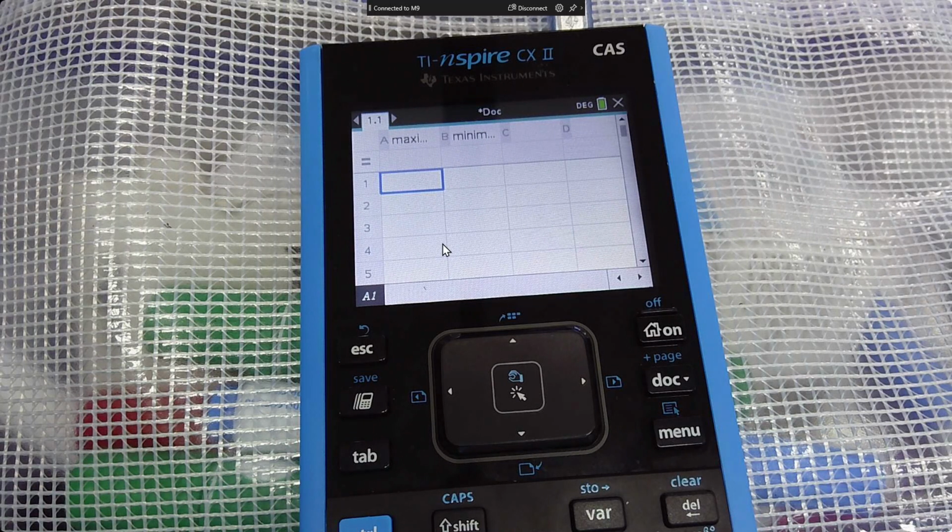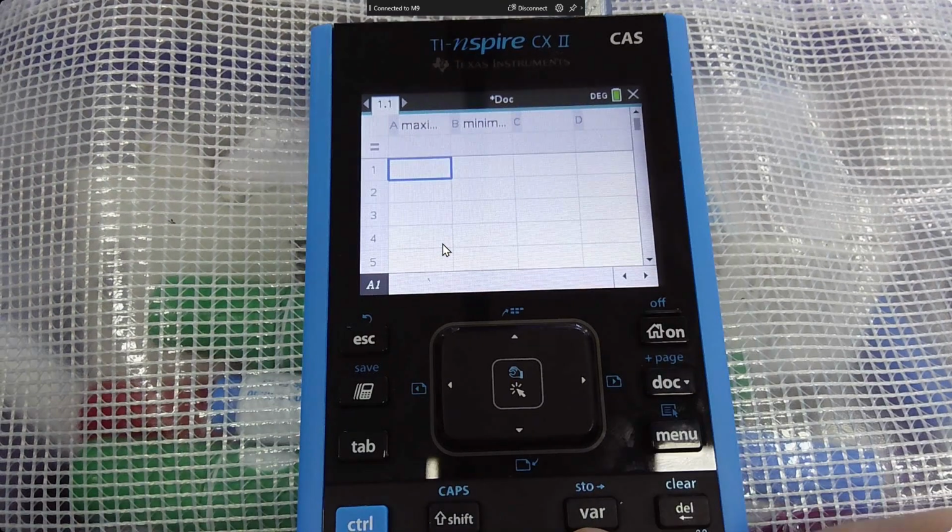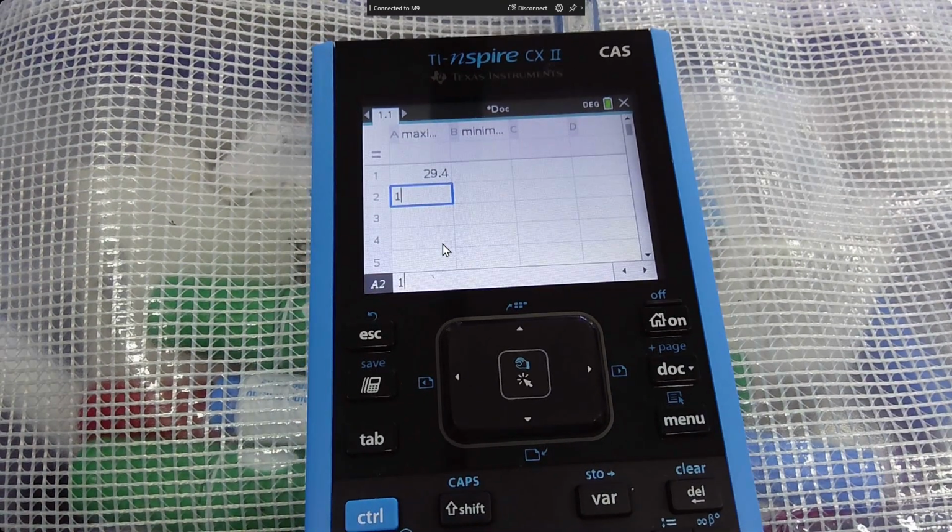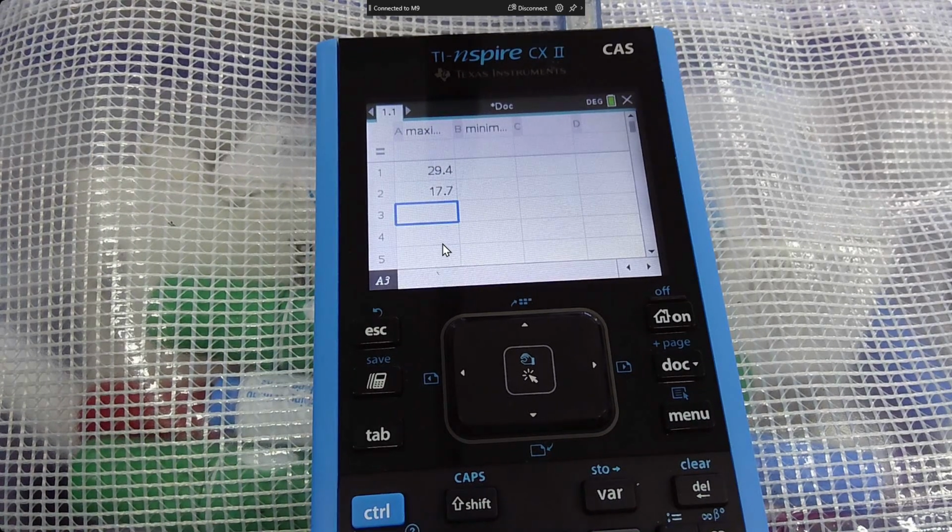So remember, we have a scatter plot, so you're always going to have 2 columns of data: 1 column for X, 1 column for Y. Go ahead and put in the data. You don't need to graph it today, so just stay in the spreadsheet.